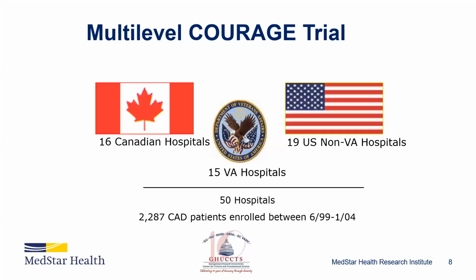But at any rate, there were 50 hospitals involved, but these hospitals came from different health care systems. There were 16 Canadian hospitals, 19 US non-VA hospitals, and then 15 VA hospitals. And there were some 2,200 or almost 2,300 patients enrolled in this study.